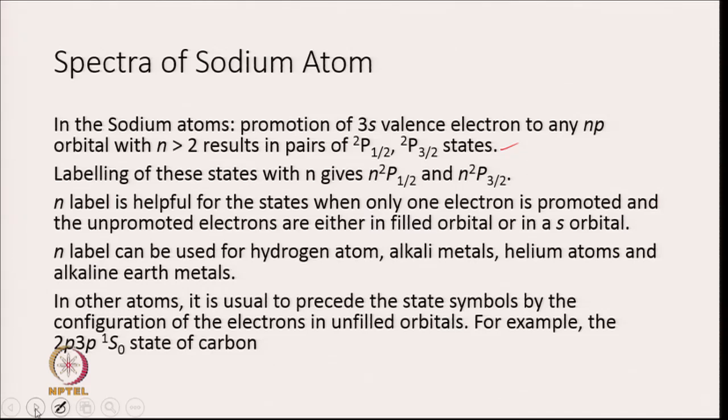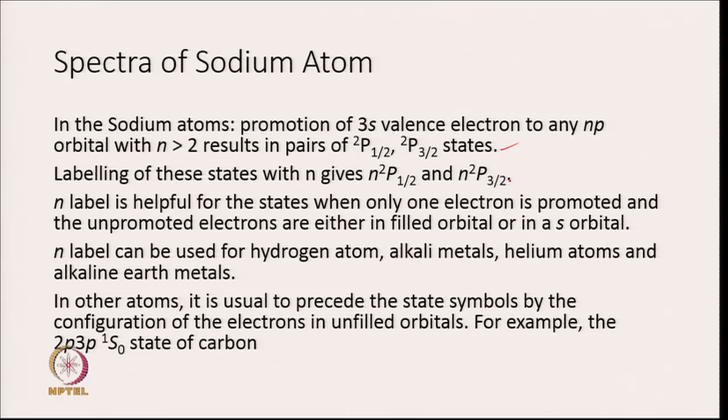Labeling of these states with n gives you n 2P 1/2 and n 2P 3/2. So, suppose we are discussing 3s to 4p, then we will write 4 here, 4 here. If it is 3s to 5p, then we can write 5 2P 1/2 and 5 2P 3/2.